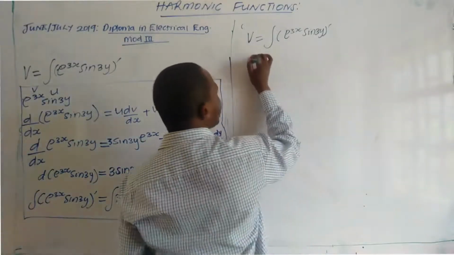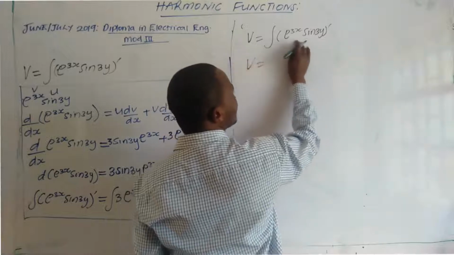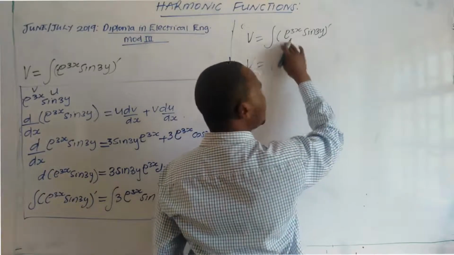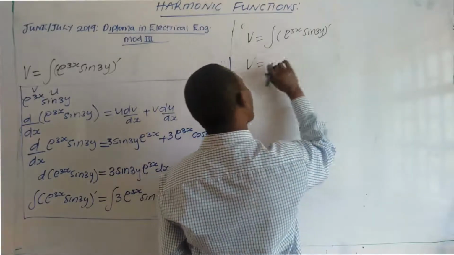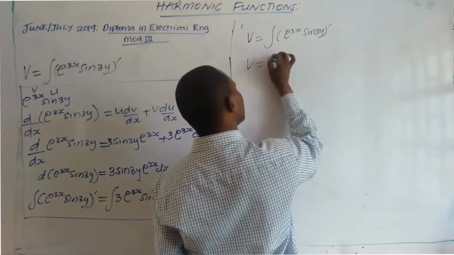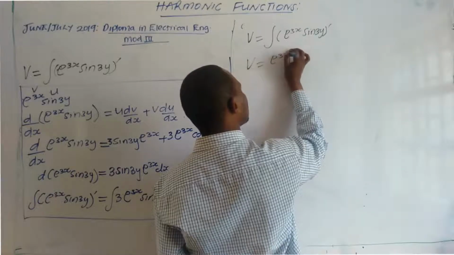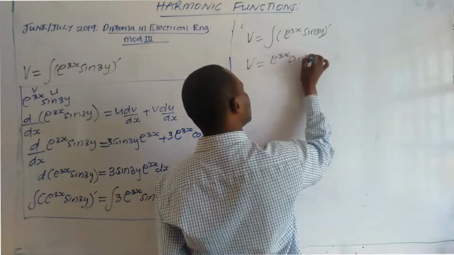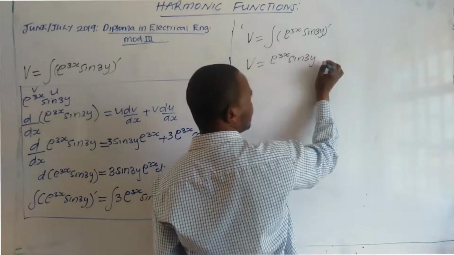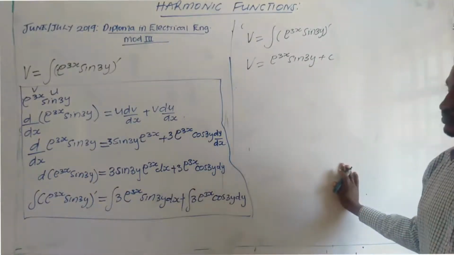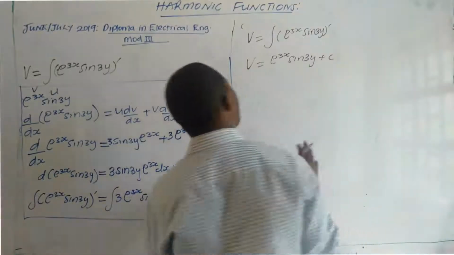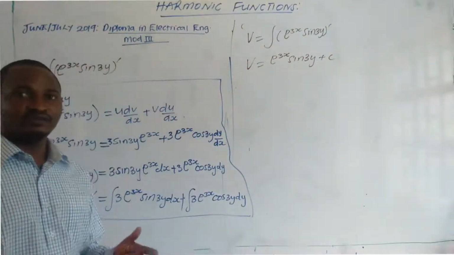If we integrate this derivative, integral will cancel out differentiation, and we simply get v is exponential 3x sin 3y plus a constant of integration. Now we are done getting the value of v.